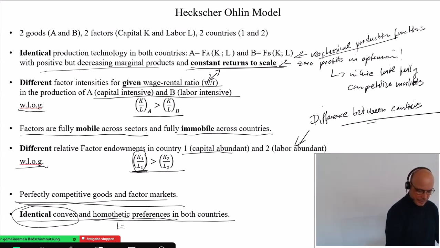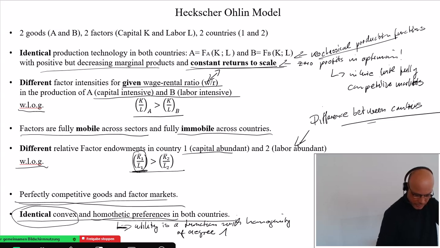Well, this means that utility is a function with homogeneity of degree 1, of course, or a monotonic transformation. Homogeneity of degree 1.